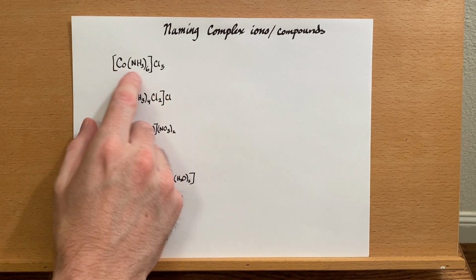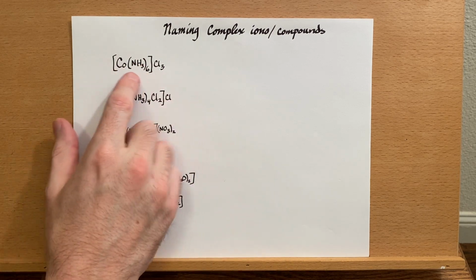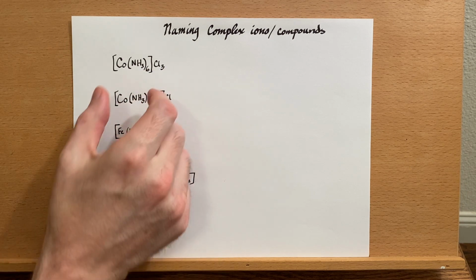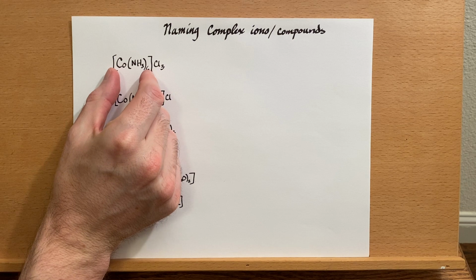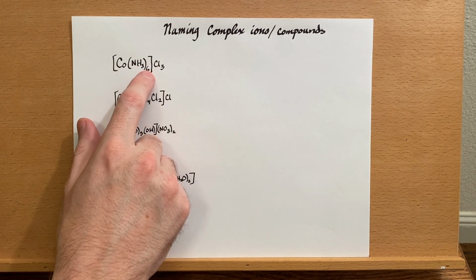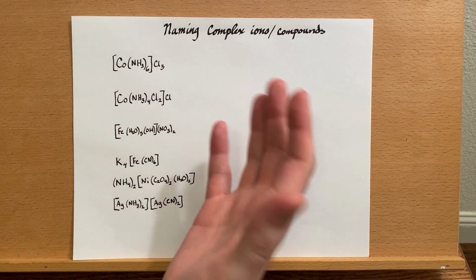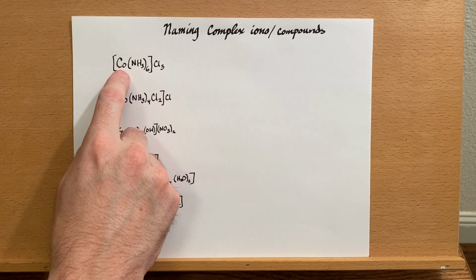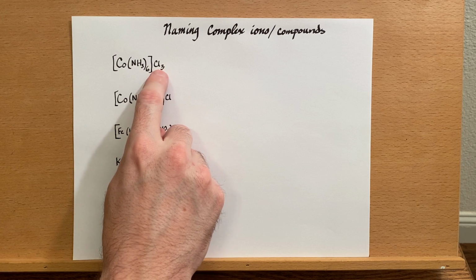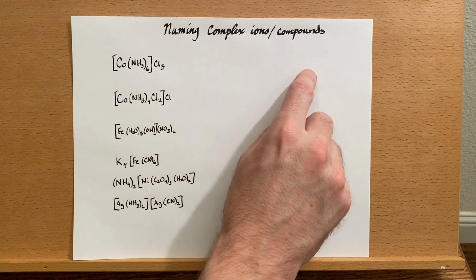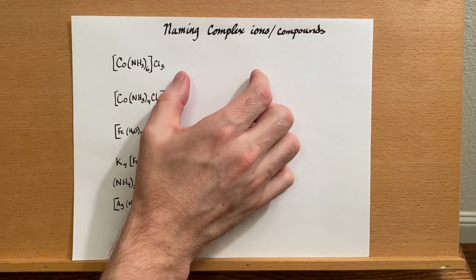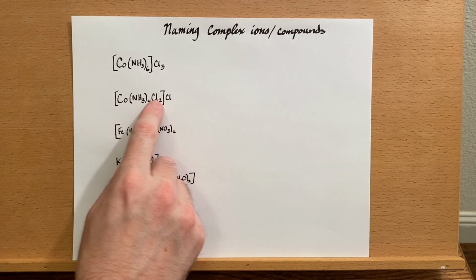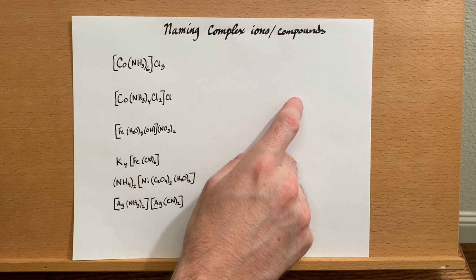So in this case, even though we may not know the name of this right away, we know that it will end in chloride because this is the positively charged portion. It has a 3+ charge because there's 3 chlorides. Those will have 3 negative charges there. So this will be 3+. This will just be called chloride. So it's going to be something chloride. This one, same thing, something chloride.